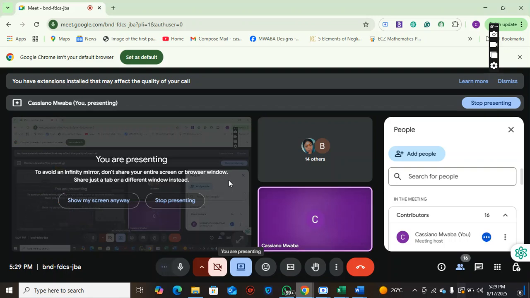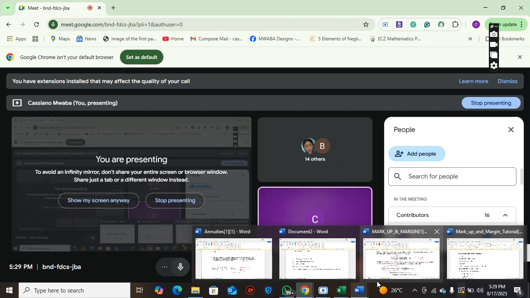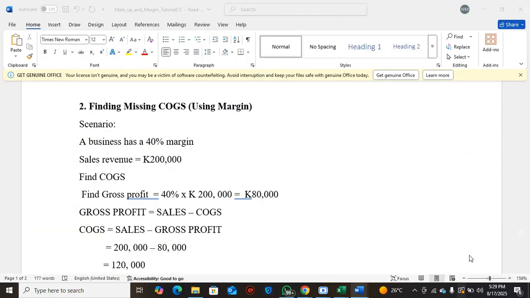Yes, colleagues, the formulae that will be mostly used are the ones from the trading account. So you just need to remember what these things are, so that you will know how to tabulate from the information that is given to you. Any other questions before we go to the next example?